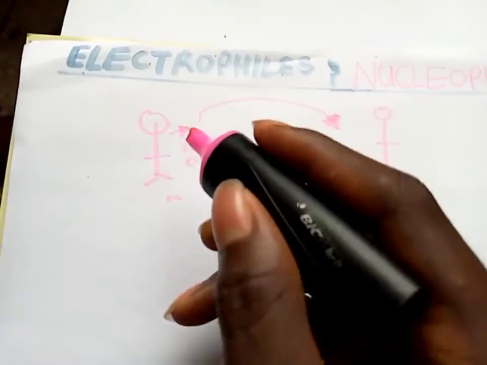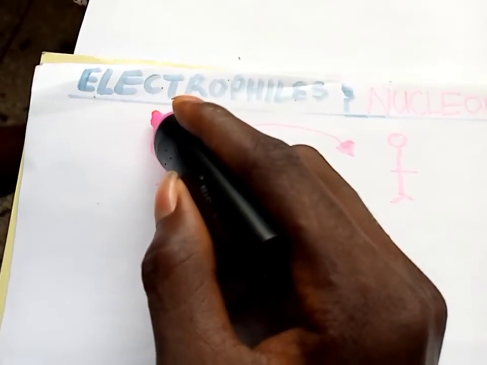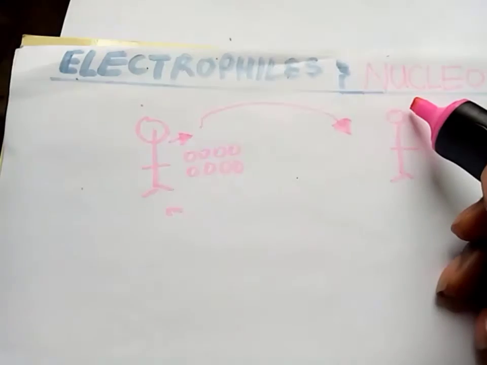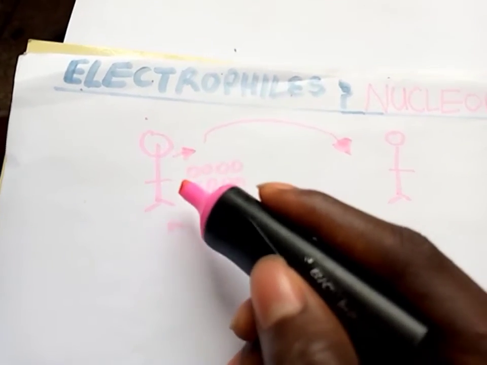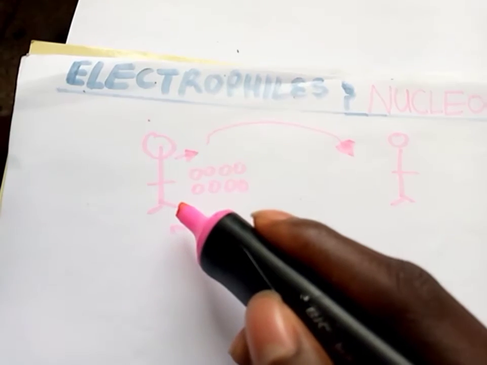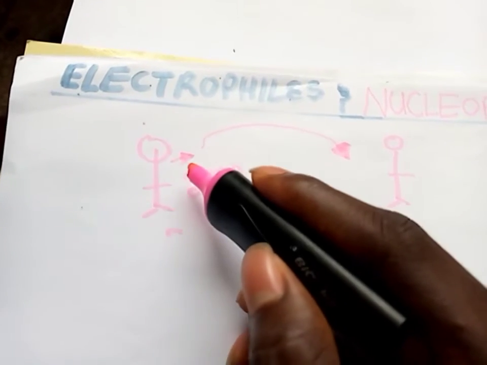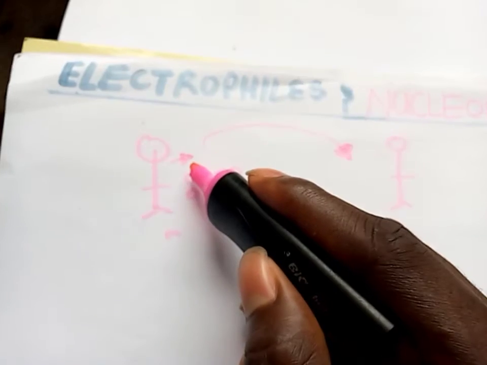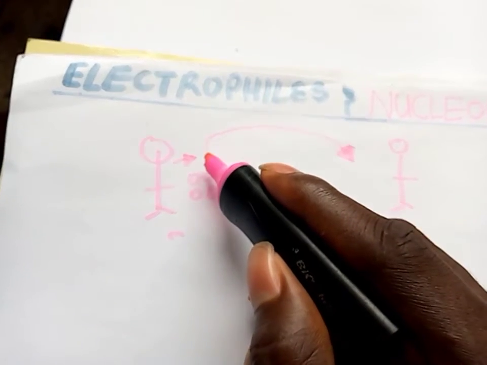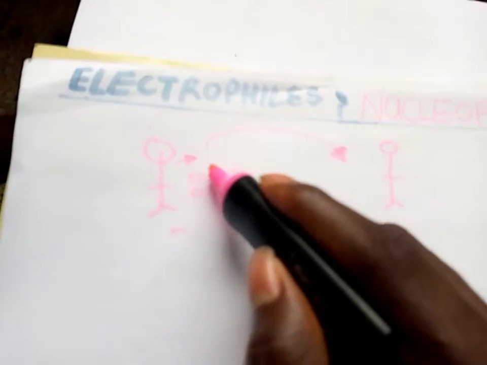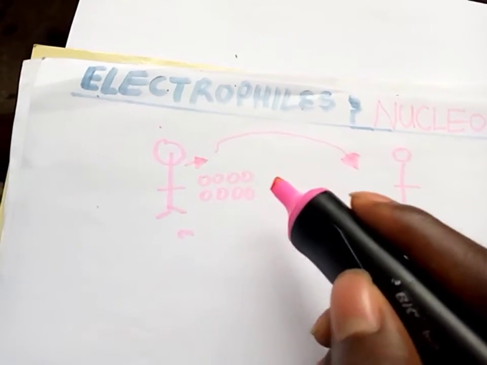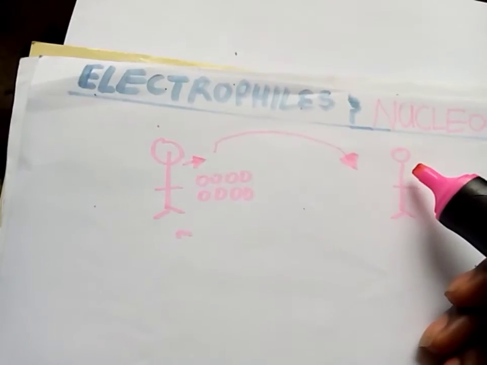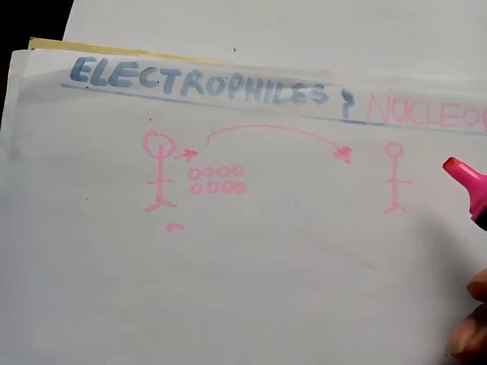To understand, let's take this as our nucleophile and this as our electrophile. So these are electrophiles here now. As from our definition, nucleophiles are electron donors. So our nucleophile here has 8 electrons, or maybe let's say 8 mangoes for better understanding, and this electrophile here doesn't have any.